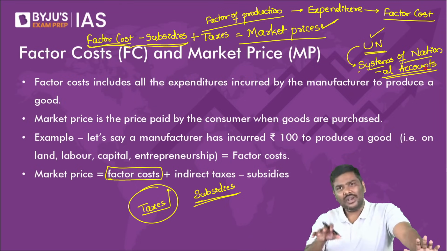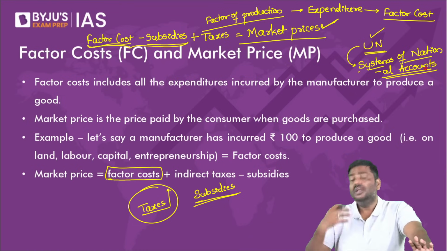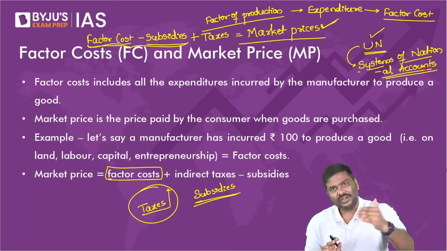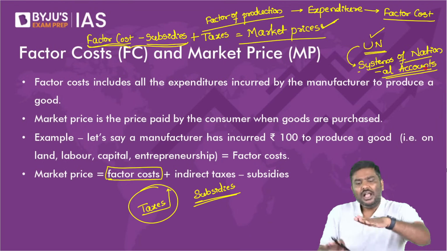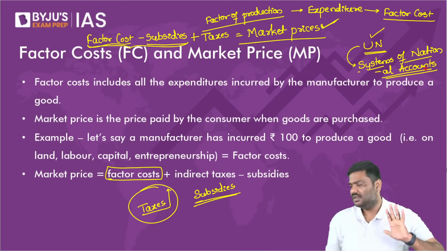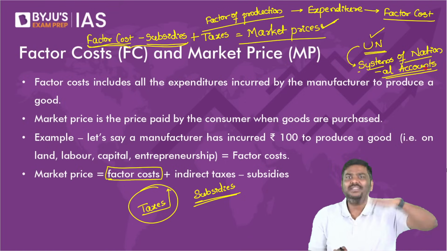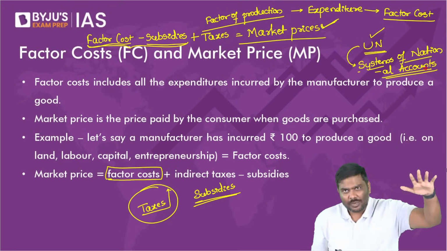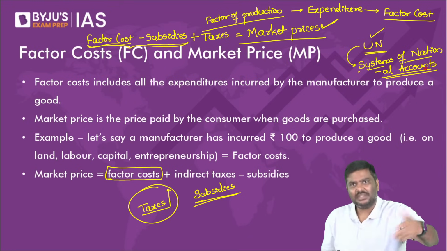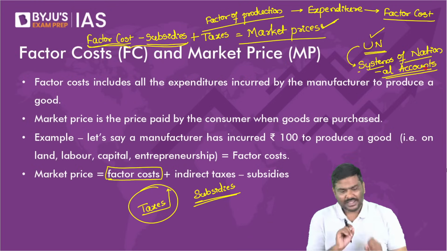We have adopted it very recently, from 2015, just to ensure that our methodology is on par with global standards. We have shifted from the factor cost, or the cost price method, to the market prices. Any difficulty here? Please do let me know.